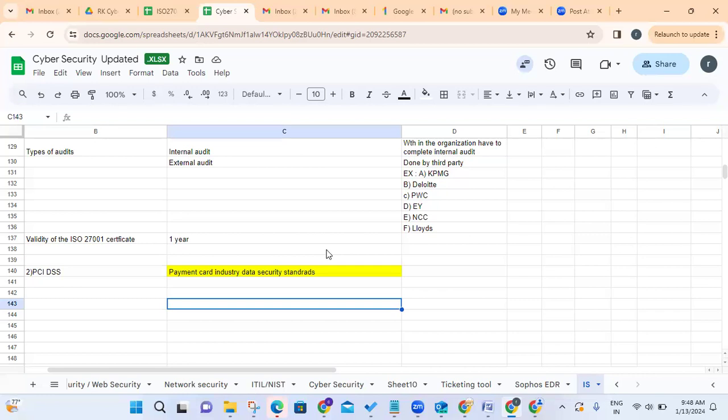Whenever we want to do any PCI DSS certification, we have to think about two things here. One is how the app protects the debit card holder data from the end user point of view. For that we have to implement the controls. Example, one of the users is placing an order for a kitchen item or electrical or electronics item on Amazon.